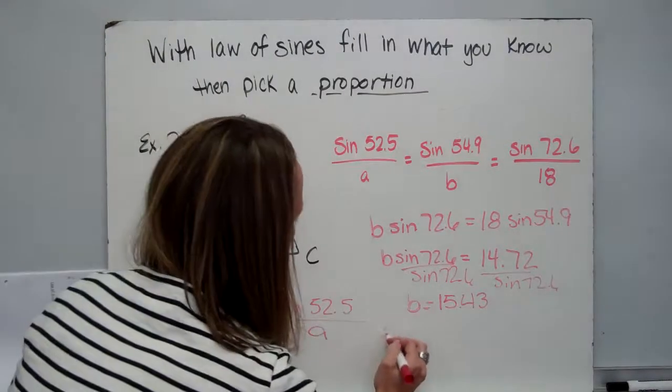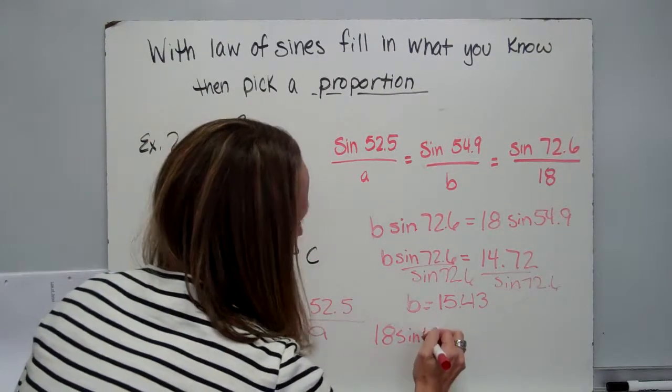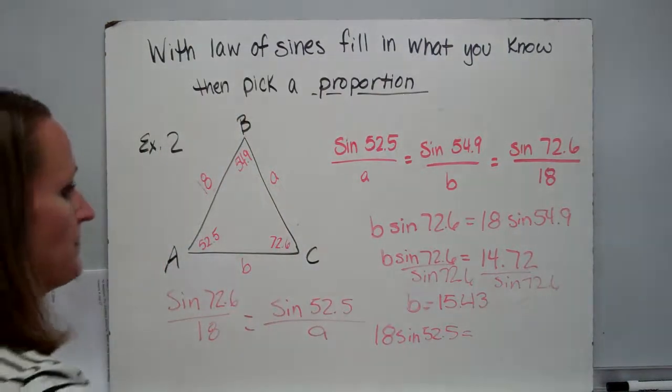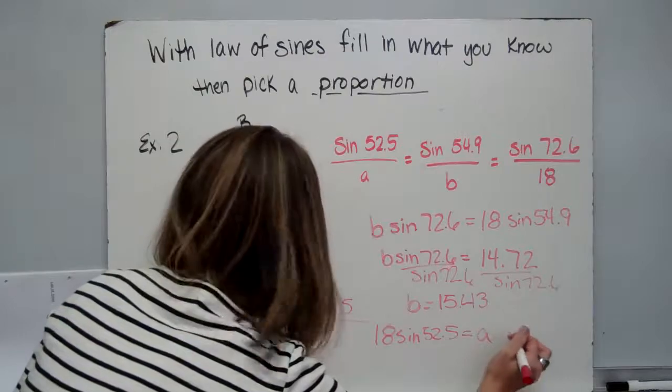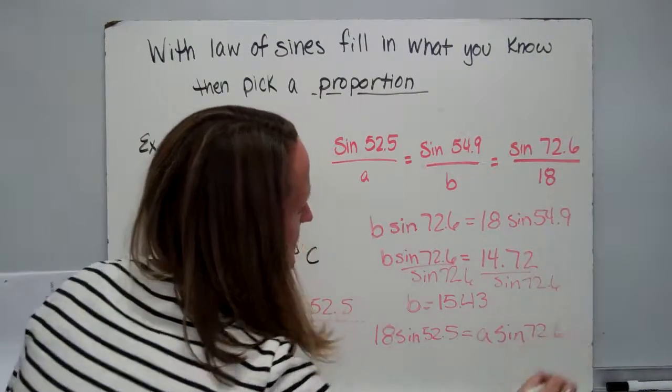So again, I'll have 18 sine of 52.5 equals A sine of 72.6.